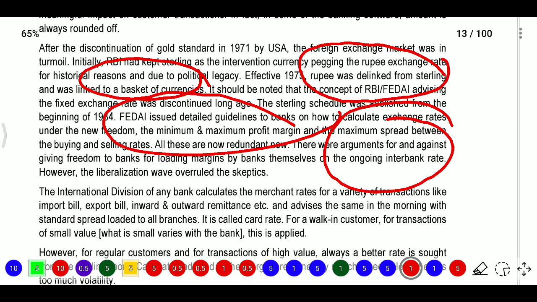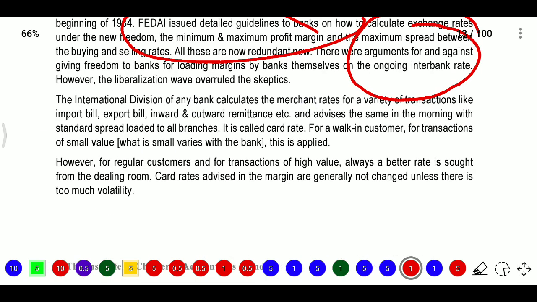However, liberalization overruled the skepticism. Now, the international divisions of any bank calculate the merchant rates for a variety of transactions, such as import bills, export bills, inward and outward remittances, etc. Banks now calculate on their own. They have the freedom to calculate the rates and advise them in the morning, with a standard spread loaded, to all branches. So the head office will calculate and inform all its branches.